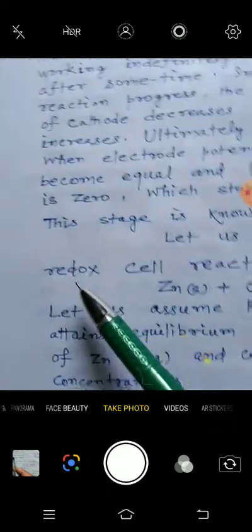Let us consider the following redox cell reaction.